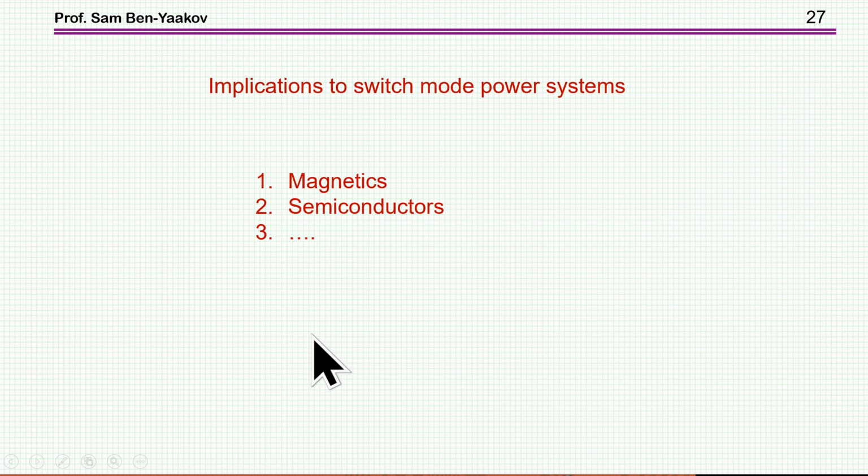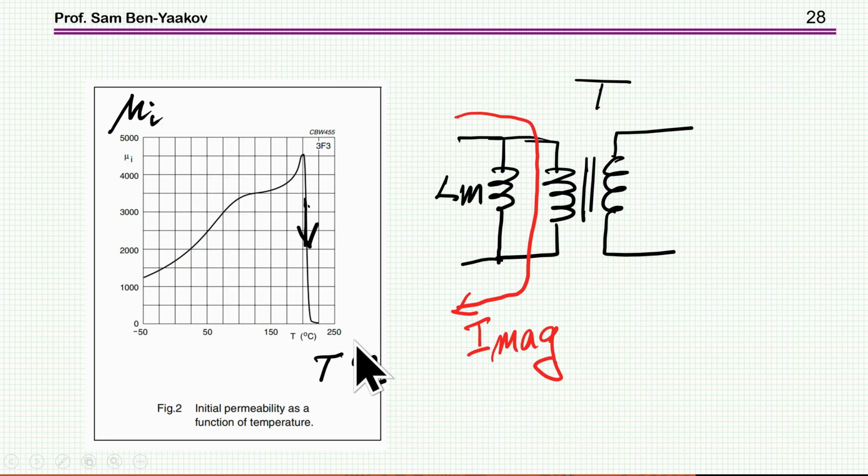Now, in switch mode power systems, there are some cases in which we can get runaway. I'm going to concentrate on magnetics, but in some cases you can get it in semiconductors. For example, due to the temperature dependence of the reverse recovery of a diode, you might have a thermal runaway. But let's see some examples of magnetics. Well, the first obvious situation is when you lose the inductance.